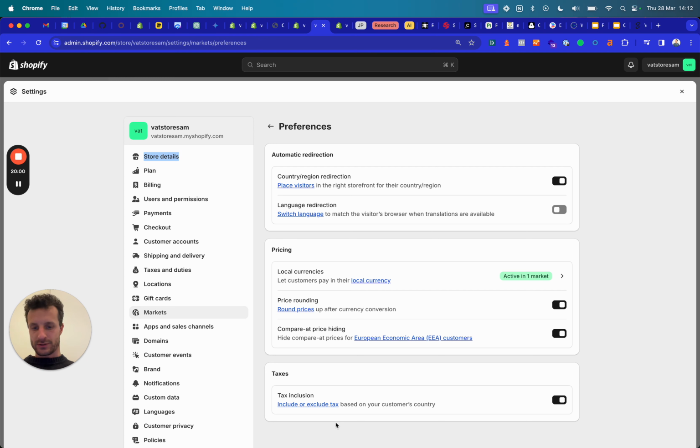So this is the perfect solution. But the negative thing about this is that you send prices to Google Shopping excluding VAT, which means that people see a price increase when they click on Google Shopping ads or different other feeds, obviously.